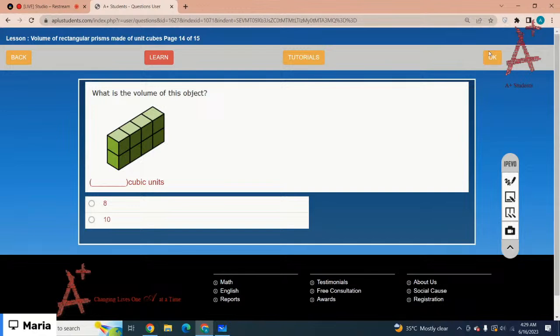What is the volume of this object? You have 2 rows. Each row have 4 cubes. So it would be 2 times 4, and 2 times 4 is 8. So the correct option is 8.